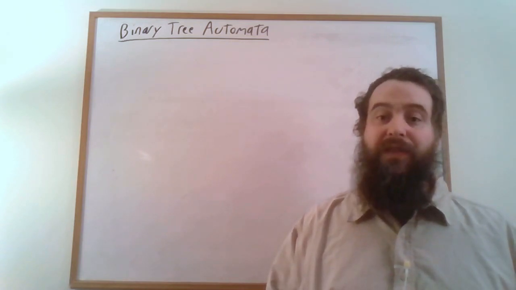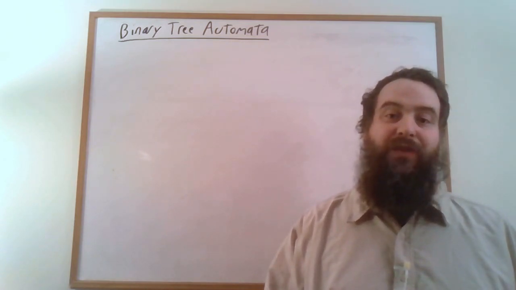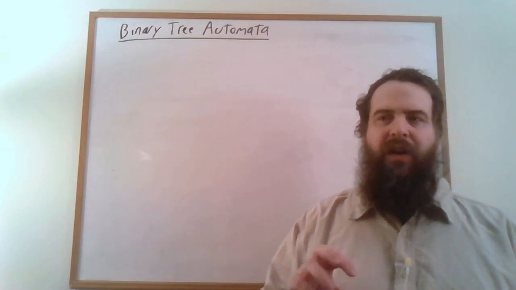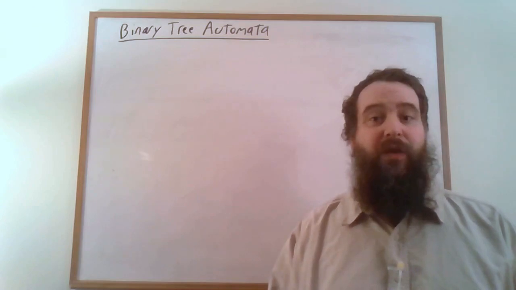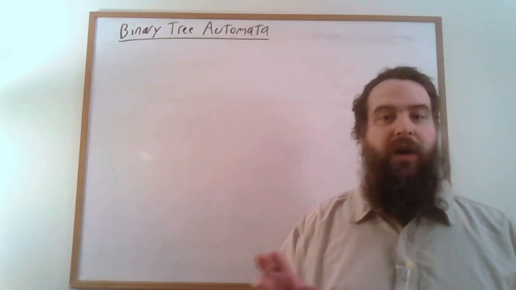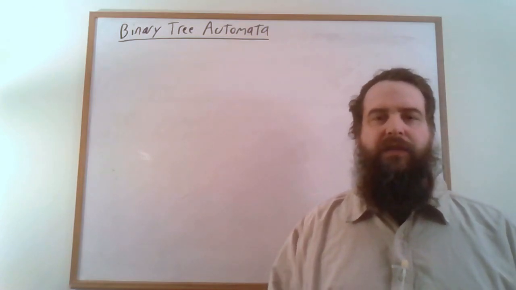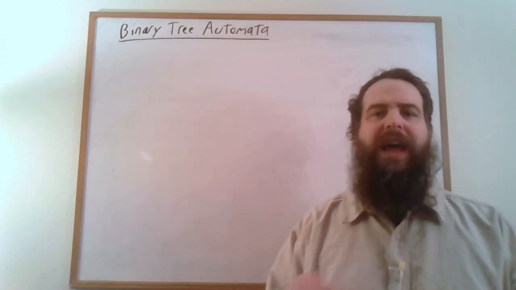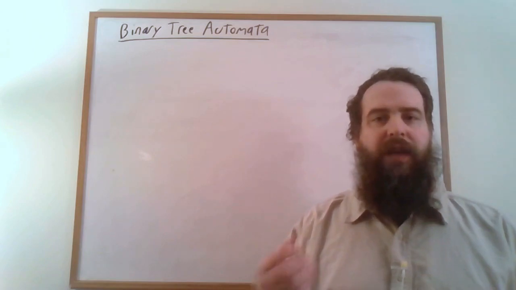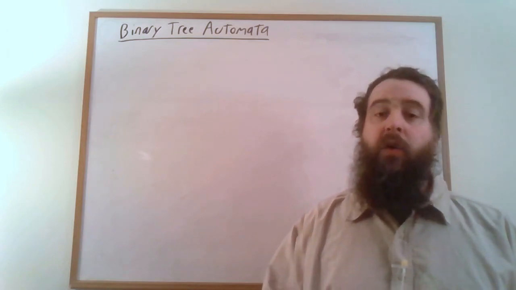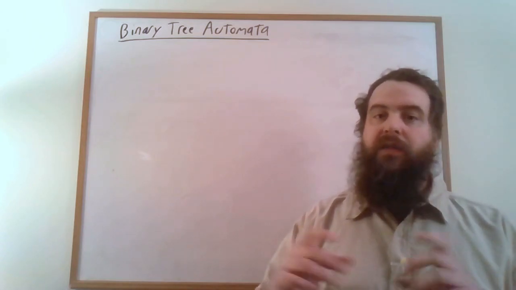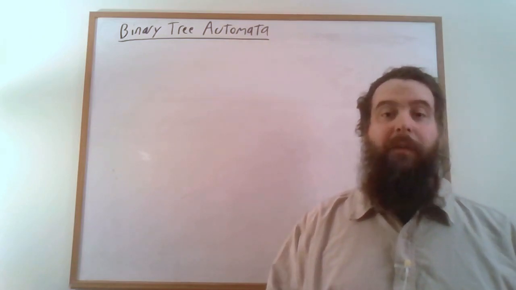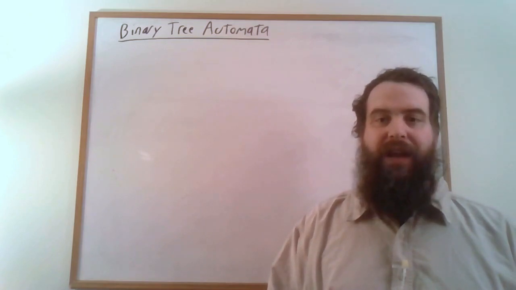I also hope to use this video series as an excuse to do some literature research on notions of automata on arbitrary linear orderings and automata on continua. So for instance, we could imagine taking all of the points in a linear ordering and labeling them with characters from some finite alphabet, or we could imagine taking all of the points in the interval from 0 to 1 and labeling them with characters from some finite alphabet.